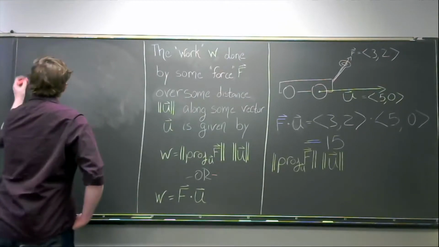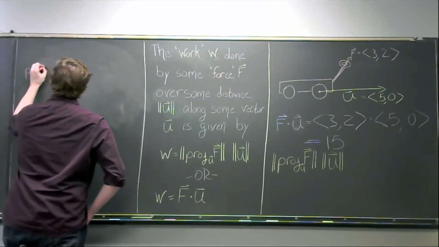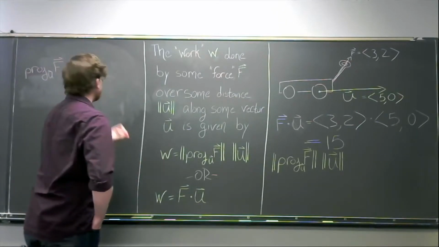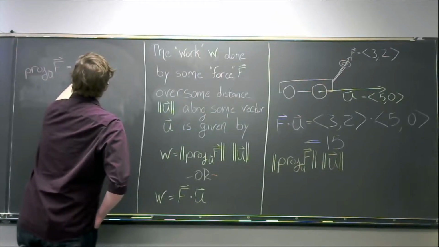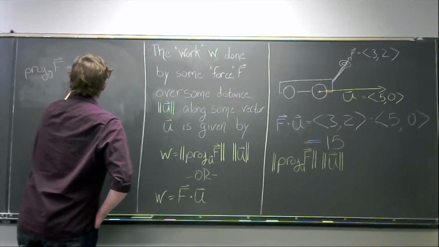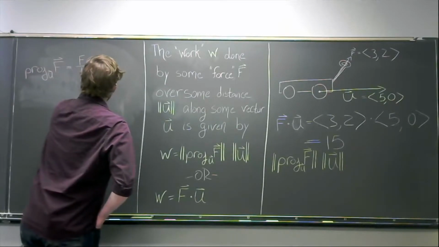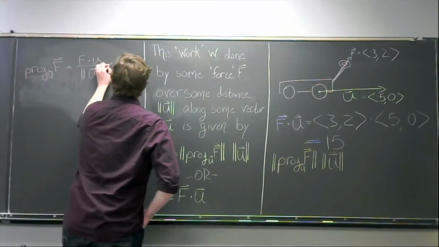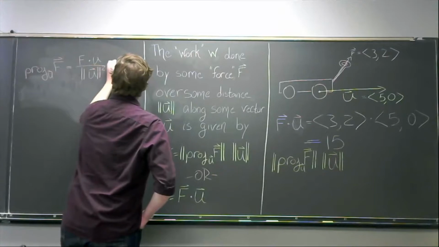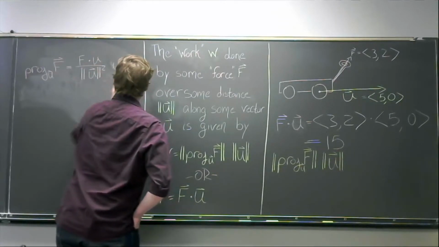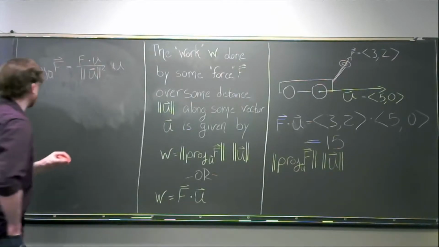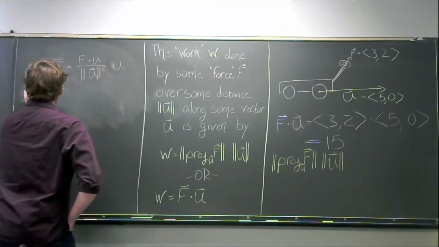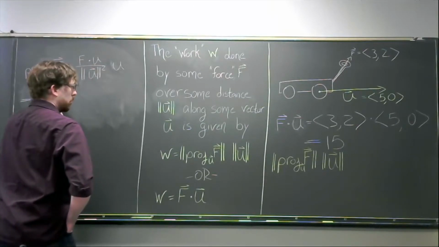All right, so the projection of F onto U is equal to F dot U divided by the magnitude of U squared times the vector U. All right, so that means we've got F dot U. Didn't we already calculate that?